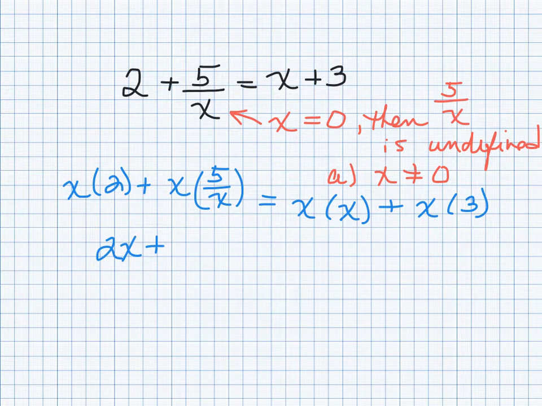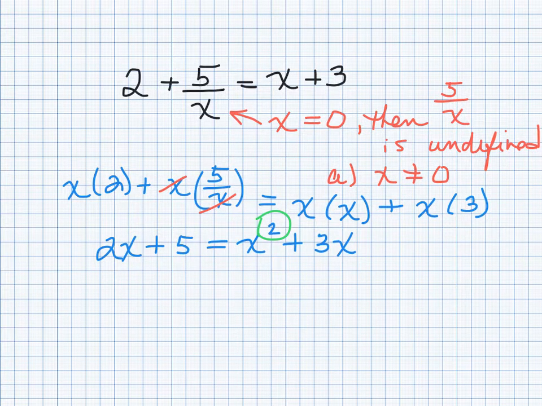And in the case of x times 5 over x, that cancels, so we have just 5 is equal to x times x, which is x squared, plus 3 times x, which is 3x. And since this is a quadratic equation, we know it's quadratic because of that exponent, our method of solution is going to be to set it equal to 0.